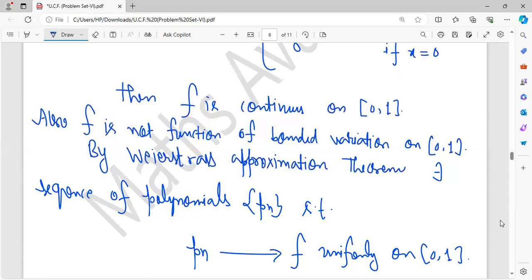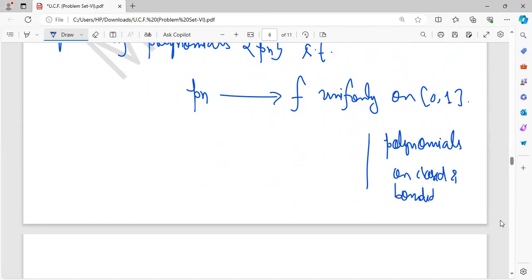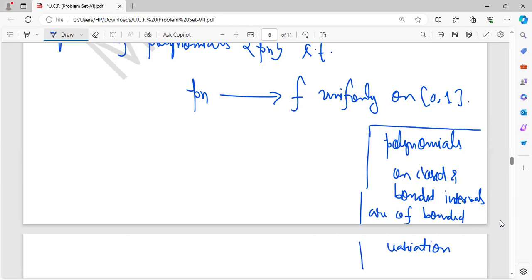We know that polynomials on closed and bounded intervals are of bounded variation. Each polynomial is a function of bounded variation on any closed and bounded interval.